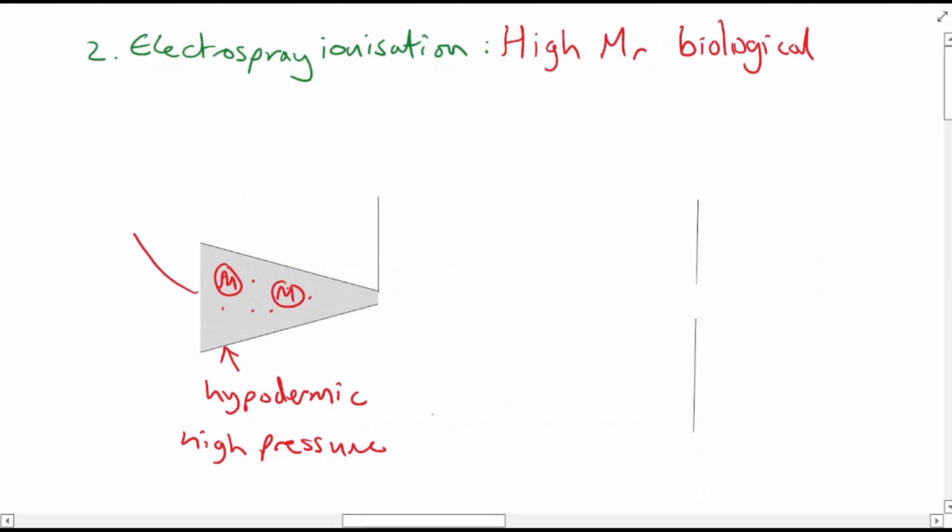And M is dissolved in what we call a volatile solvent. This needle, as the high pressure squirts the volatile solvent and these large molecules out of it, is positively charged.